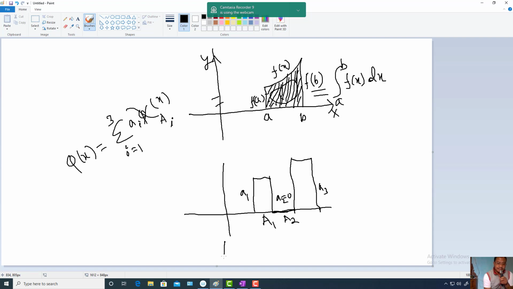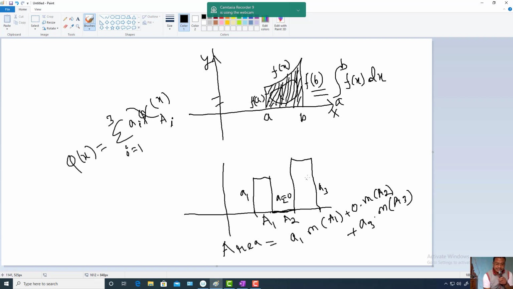The area is equal to a1, the height of the rectangle, into the breadth of the rectangle, which is the length of this set, that is, the measure of A1, plus 0 times the measure of A2, plus lastly a3 times the measure of A3, where measure means length.